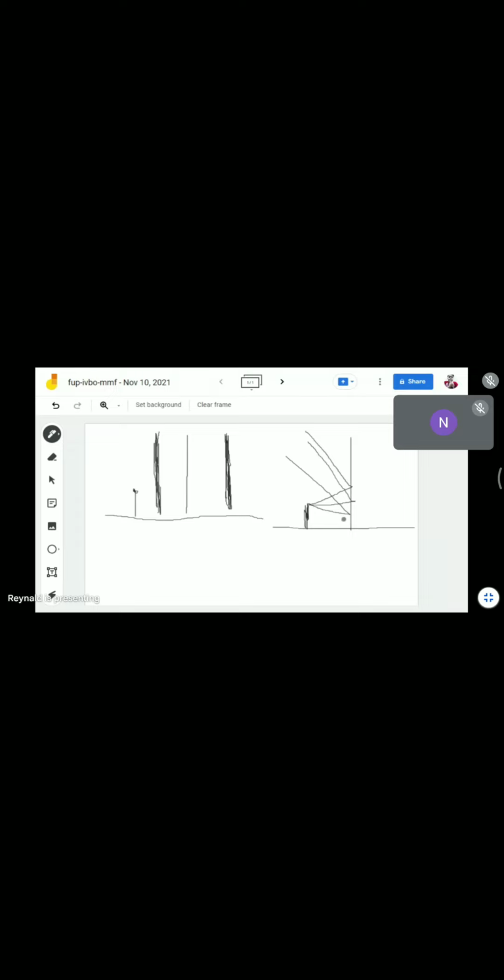Ngayon yung sinasabing virtual image is there is converging or meeting at one point. So halimbawa, dito. This is just an example.